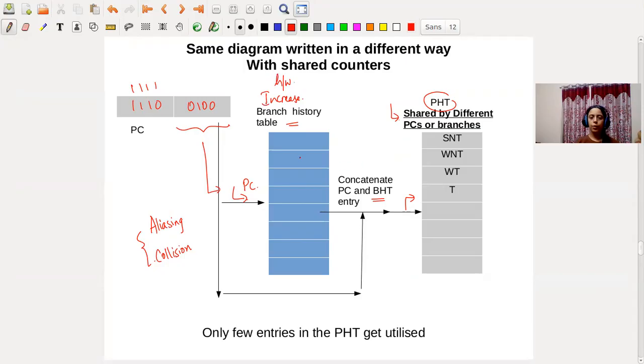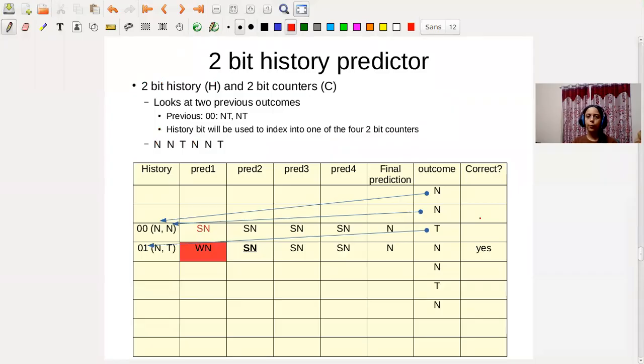So you have to decide between what is a good amount of aliasing to have and what is the hardware cost you are willing to bear. Also, you will notice that a lot of the PHT entries may not actually get utilized because it really depends on this concatenated entry from the PC and the BHT. So only a few of them are actually getting utilized. We'll use that fact later on.